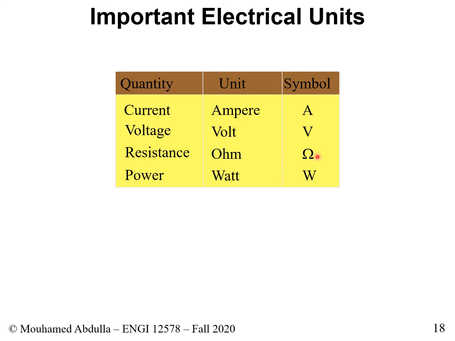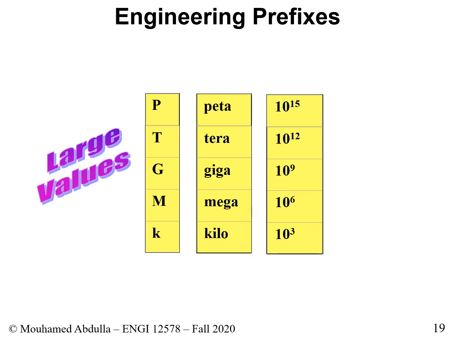So let's say you want to say something is 1,000 ohms, you would write it in engineering notation, as 1 kilo ohm. So 1, a space, K, small k, and then the ohm symbol, this Greek symbol. Power is in watts, and the symbol for it is W. So, please, I'm sure this is a review of something that you've seen in the past. Now, alongside engineering notation, we also have to see engineering prefixes.